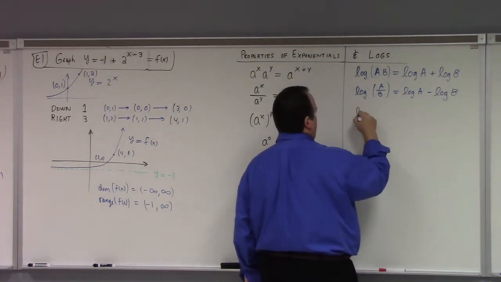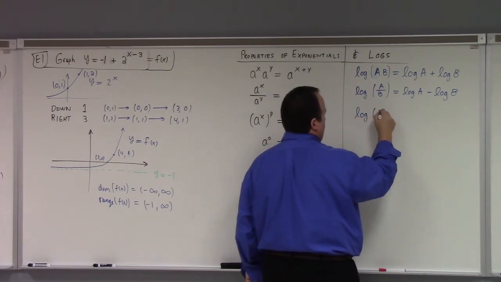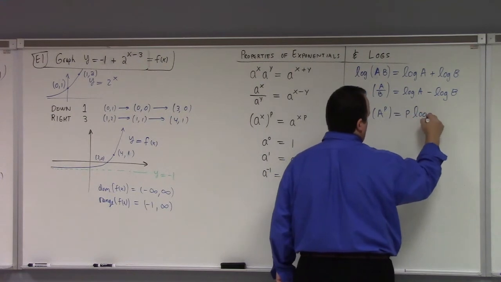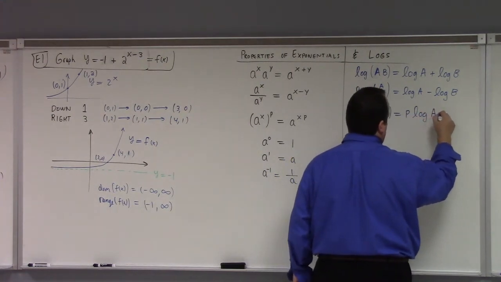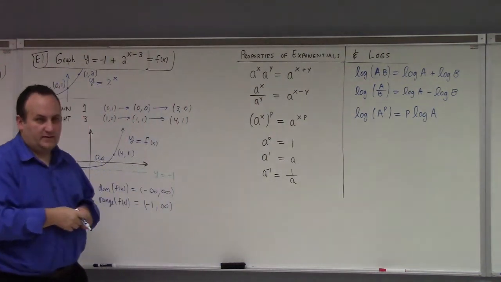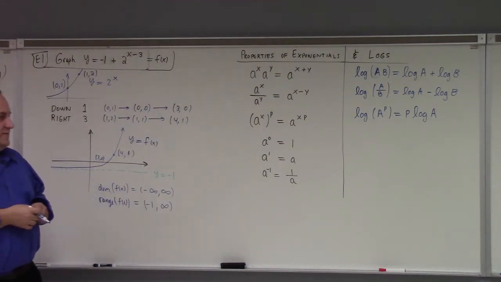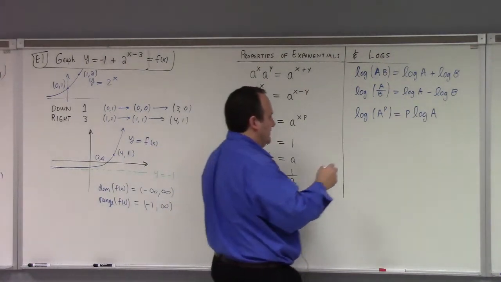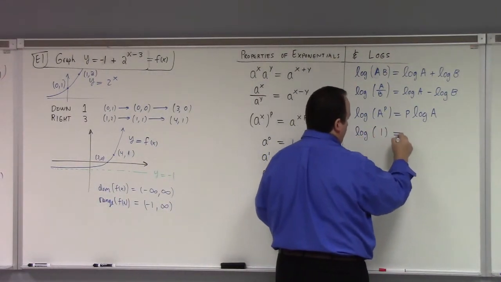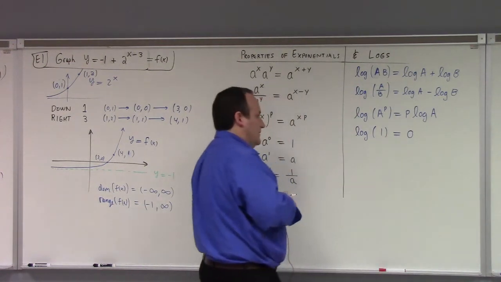If I have the log of a to the power p, I get p times log of a. All right. So these are properties of the logarithm. And there's one other thing I can write generically here, which is that log of 1 is 0. Okay, the log of 1 is 0.